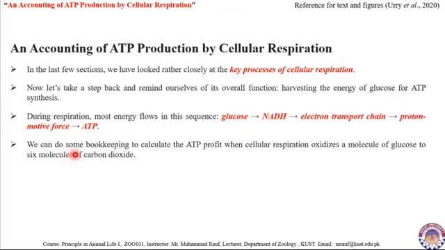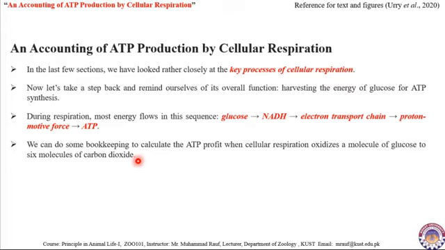So we can do some bookkeeping, so some record can be kept to calculate the ATP profit when cellular respiration oxidizes a molecule of glucose to 6 molecules of carbon dioxide. In the Krebs cycle, 2 carbon dioxide molecules are produced. In the link reaction, that is the conversion of pyruvate to acetyl coenzyme A, 1 carbon dioxide is produced.